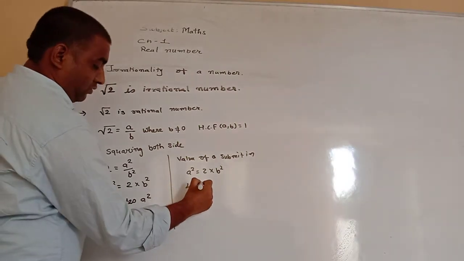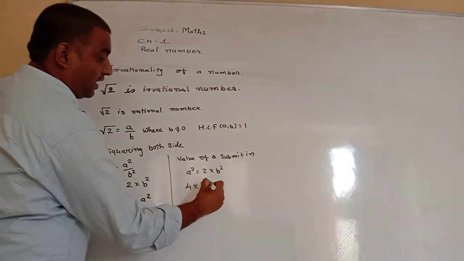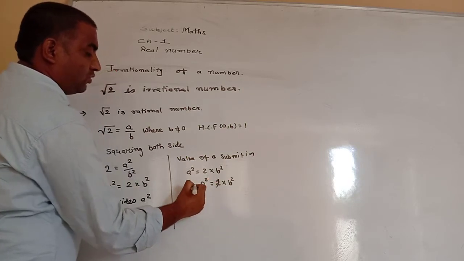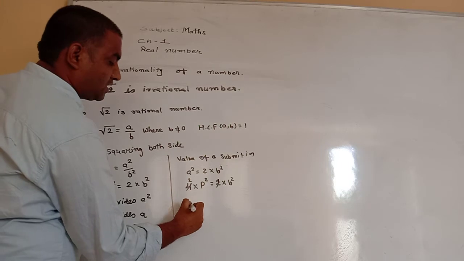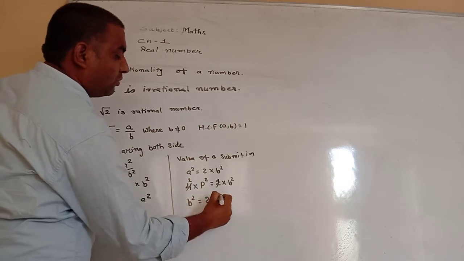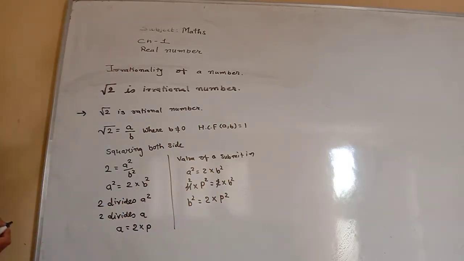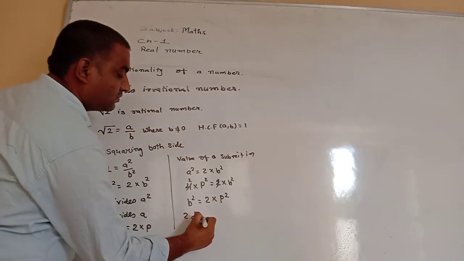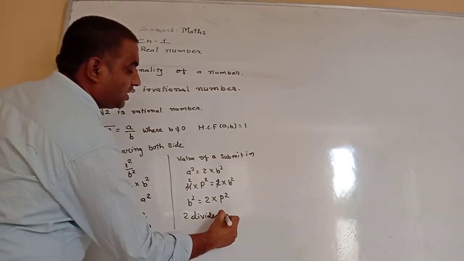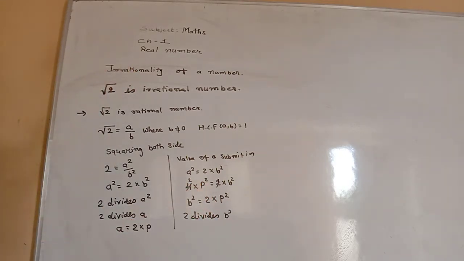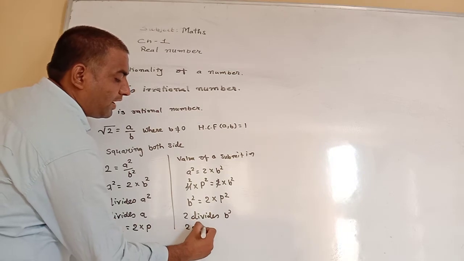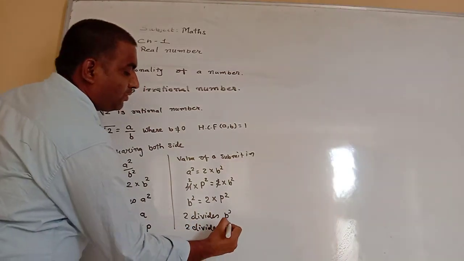4 into m square equals 2 multiply b square. So the 2s are simplified, so b square equals 2 multiply m square. It shows that 2 divides b square, as 2 is a factor of b square, and so 2 also divides b.